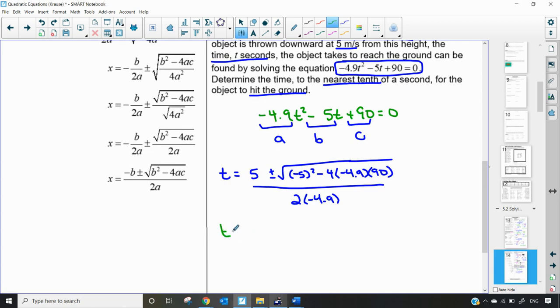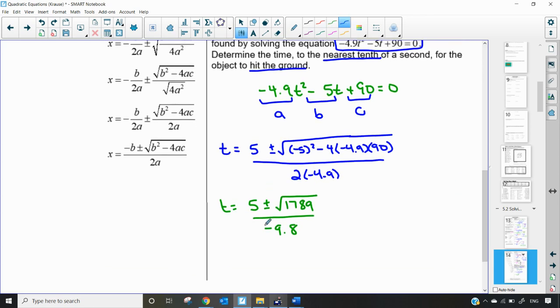Now simplifying this down, we're going to have 5 plus or minus. Now we've got negative 5 squared, so 25 minus 4 times negative 4.9 times 90. Well, that'll give us 1,789, and all divided by negative 9.8.